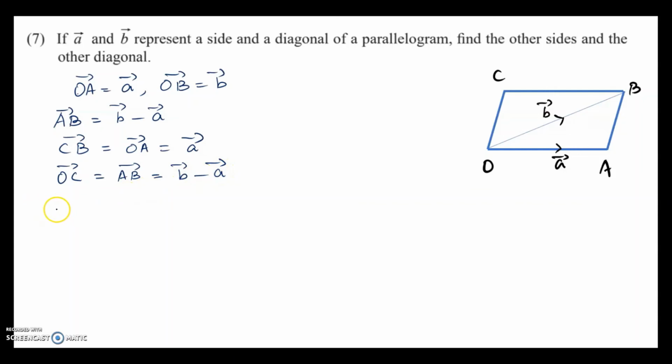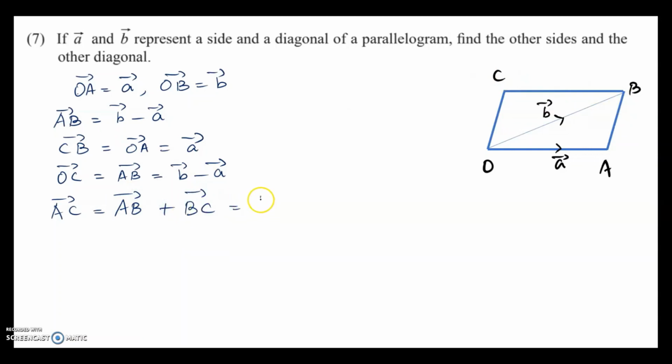Next, we need to find AC vector. AC can be defined as vector AB plus vector BC.